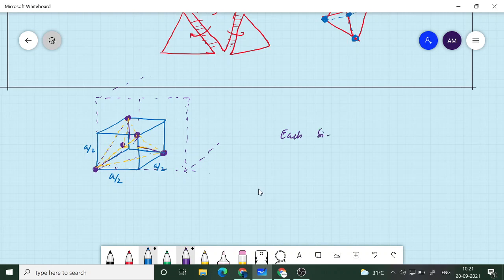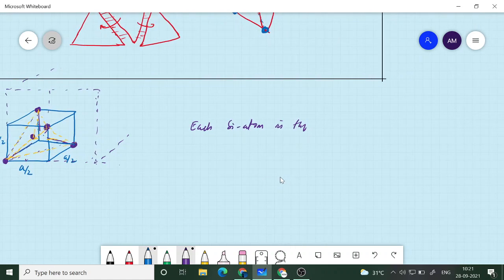Each silicon atom in the crystal, and this is true if you take any other silicon atom also, has 4 nearest neighbors.